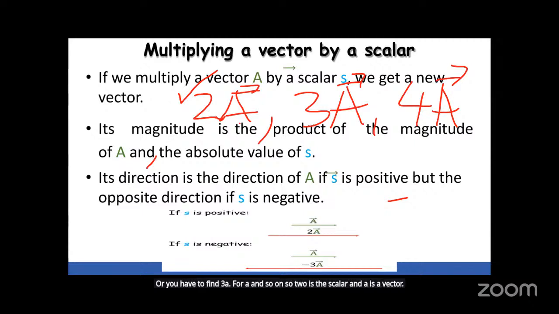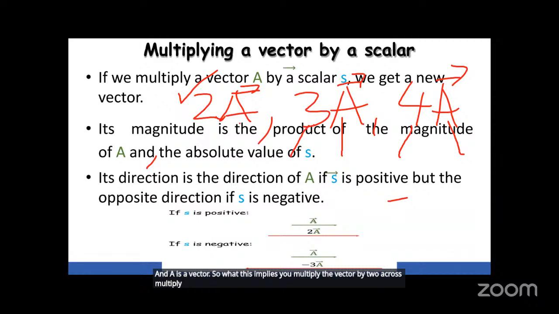Here, 3 is the scalar, and A is a vector. Here, 4 is the scalar, and A is a vector. So what this implies is you multiply the vector across by 2.